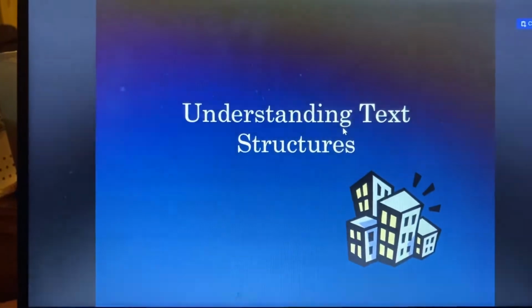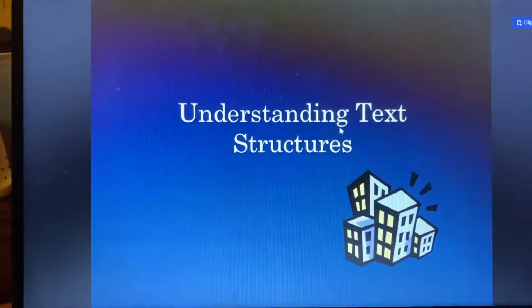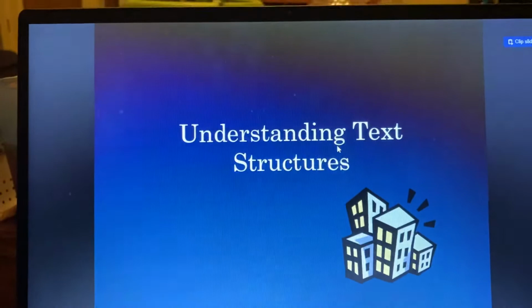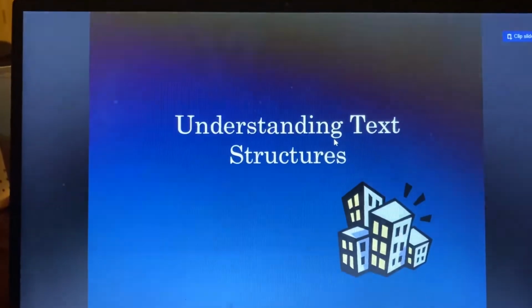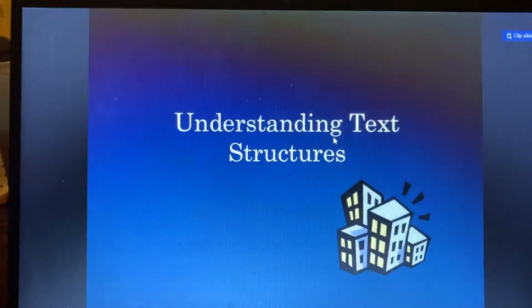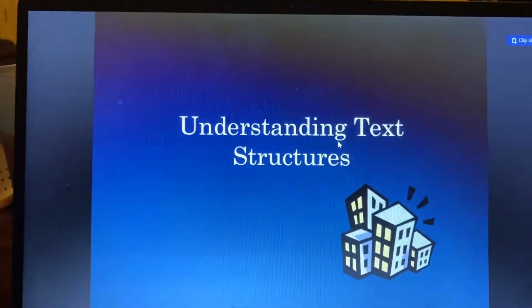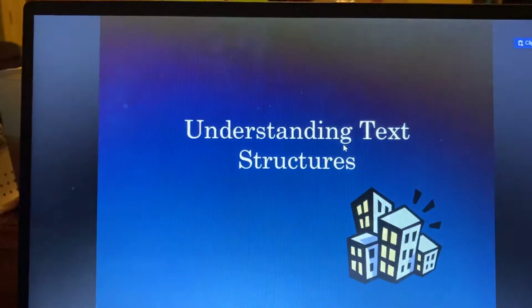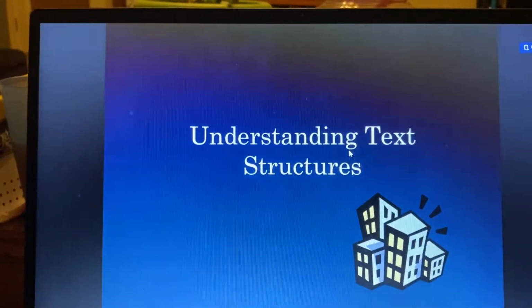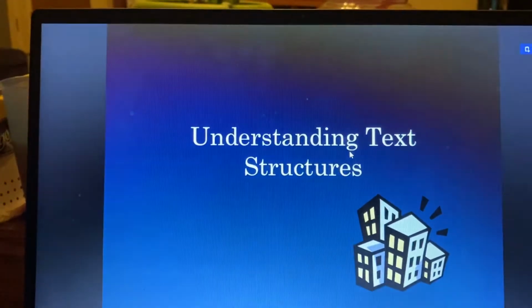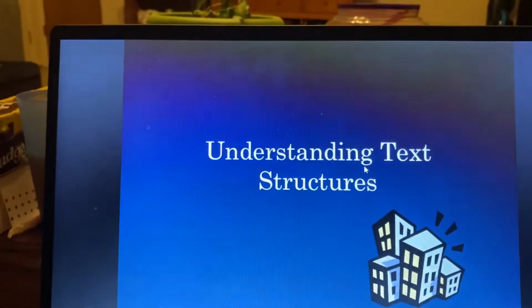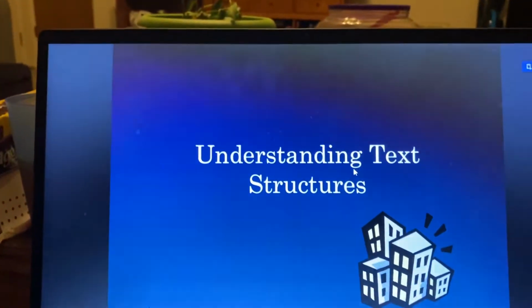Well, for the next several days, we're going to be talking about a subject called text structures. Text structures is actually a series of five different lessons. The first one is going to be about chronological order or sequencing. And then we're going to have a lesson on compare and contrast.